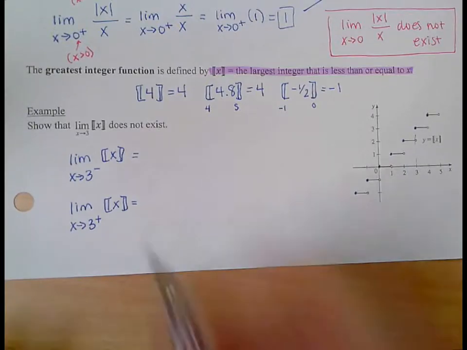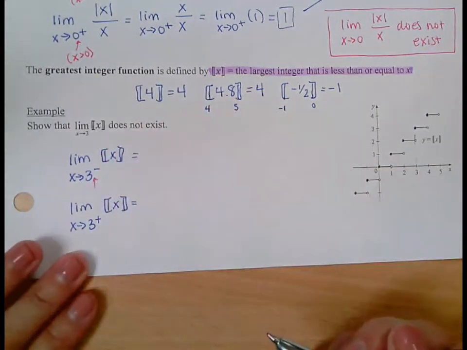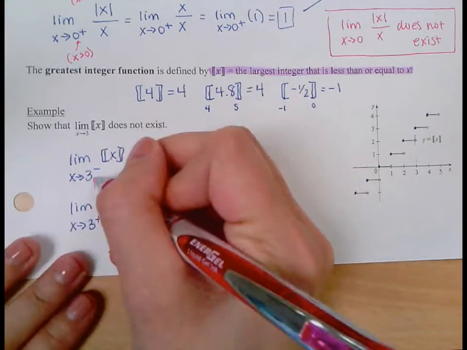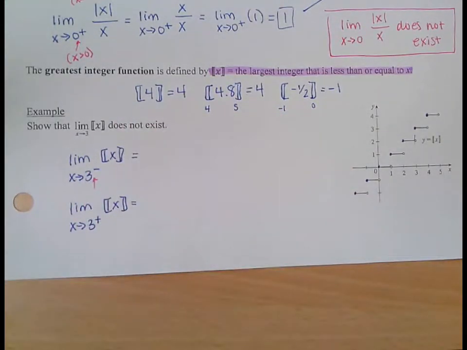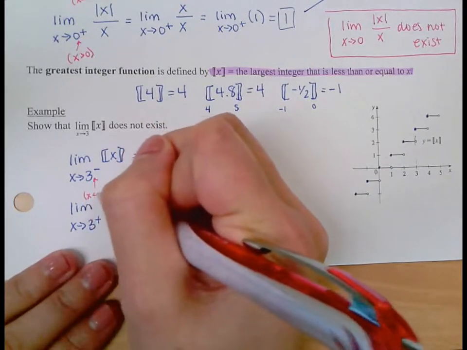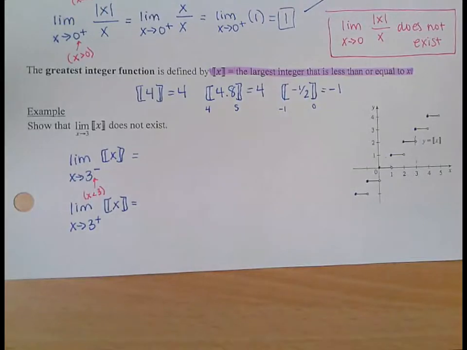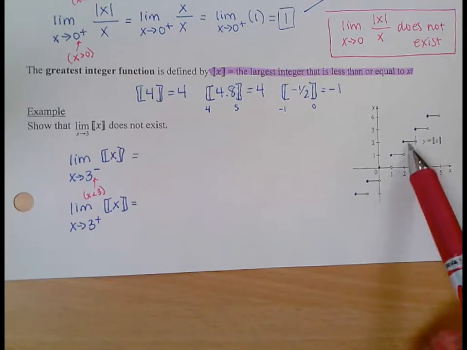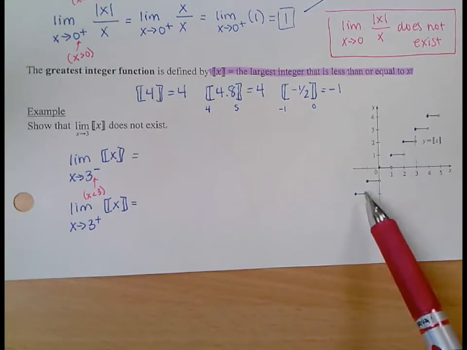If I'm approaching 3 from the left, then I'm focusing on x values that are close to 3, but less than 3. I say close to 3 because you can see on the graph that there are a lot of values less than 3, and depending on where you are, you could be at a different y value.